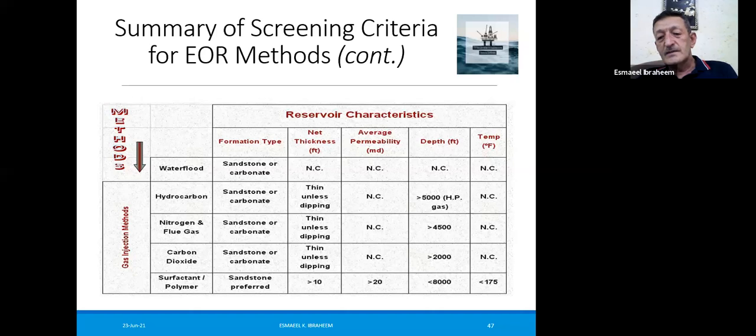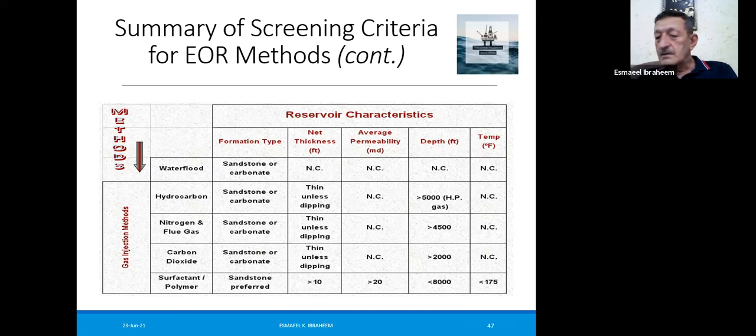It doesn't matter. All of it doesn't matter. You can use it anytime for any type, any thickness, any permeability, any depth, and any temperature of the reservoir. But for example, for nitrogen and flue gas, if you have sandstone or carbonate, then net thickness thin and less dipping.